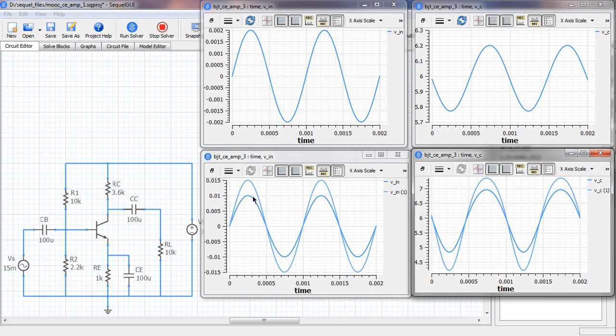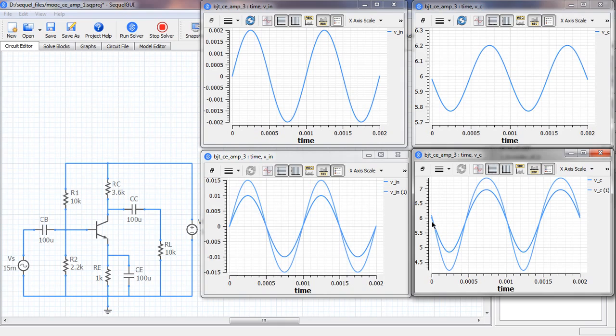Now the corresponding collector voltage waveforms are shown here. When the input amplitude is 10 millivolts, we start seeing some distortion. The positive half, that one, is looking now different than the negative half.